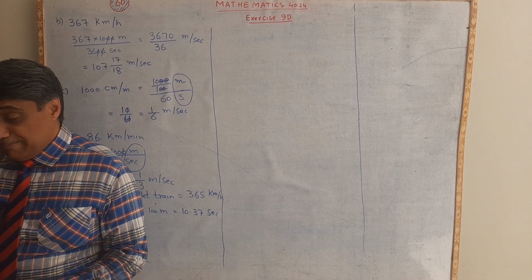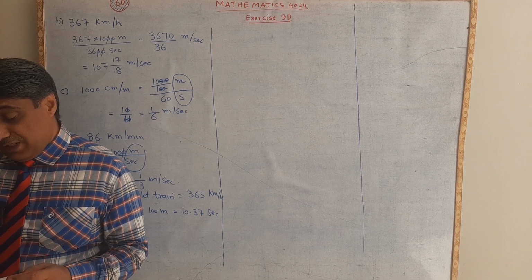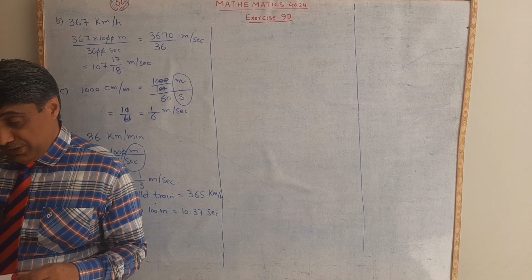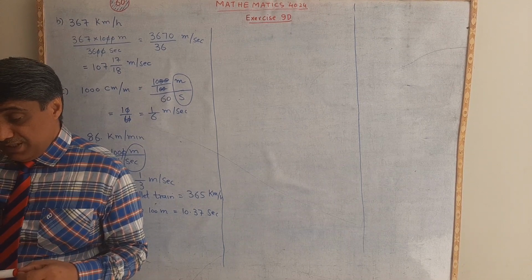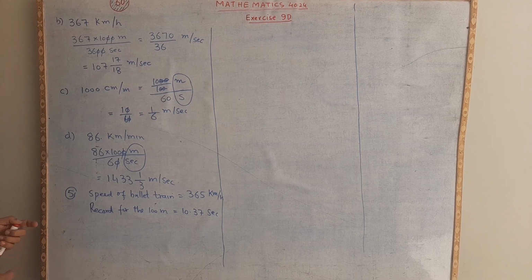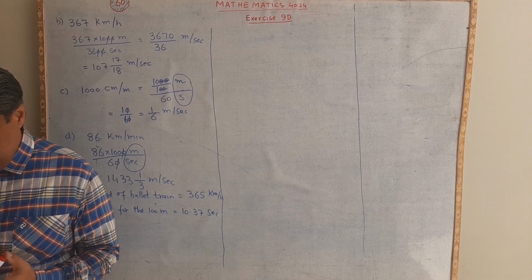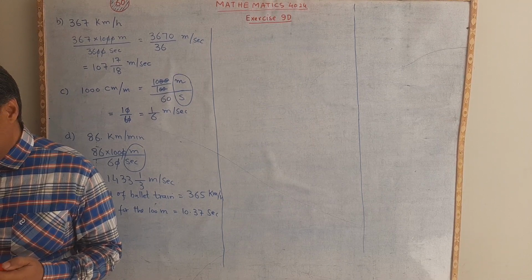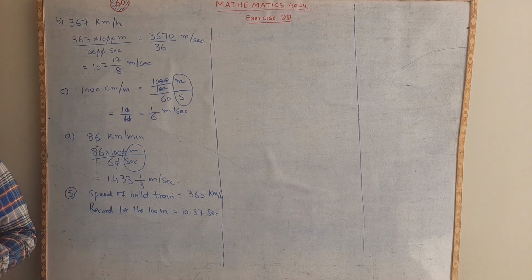So, first of all, we have to convert both of them to kilometer per hour. The first one is 100 meter. So, we have to define the 100 meter per 10.37.